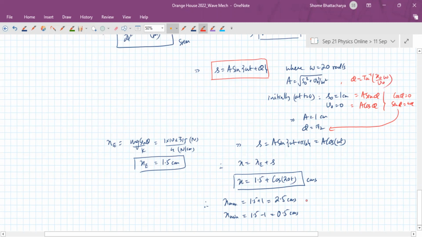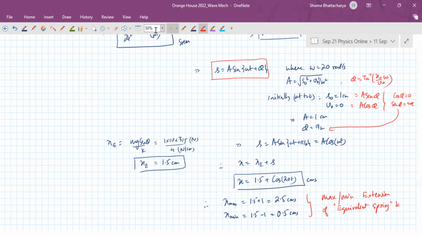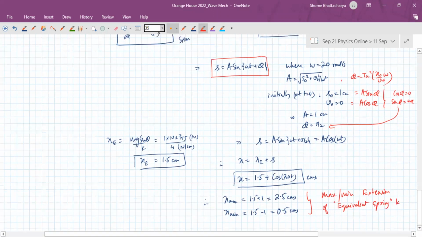So this is only the maximum and minimum extension of the equivalent spring, which has a constant k. But from this, we have to find the maximum and minimum extension of the individual springs k1 and k2. So the question is still to be completed for that third part.